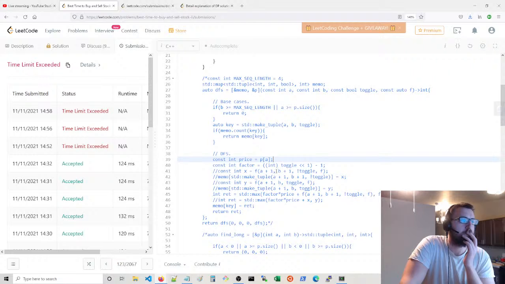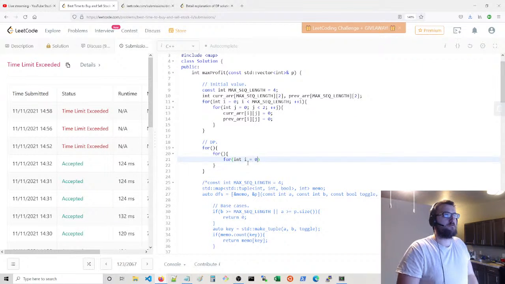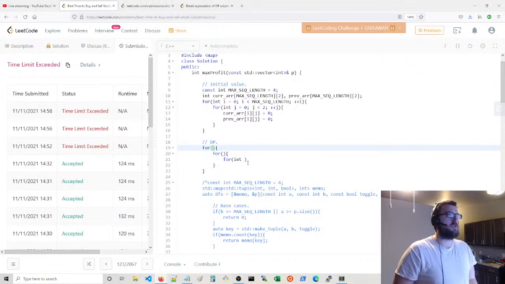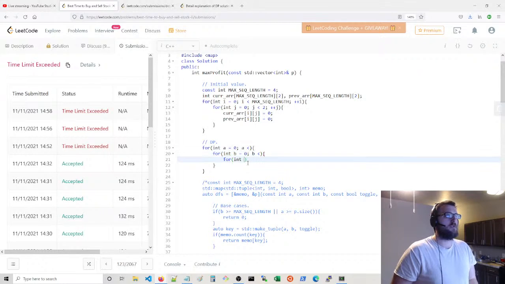So the loop is kind of interesting. It's actually a triple loop. It's going to go through A, B, and toggle, right? So we do A, B, and then I guess toggle we could say starts off at 0.